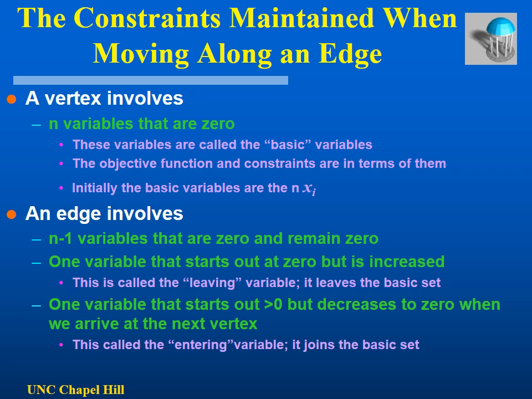This variable will start out greater than 0 and will be decreased until it becomes 0, thus meeting the constraint extreme. And at that point, the n minus 1 variables that remain 0 and this new one are all 0, and thus this new variable is called the entering variable. It joins the basic set. That is to say, the set of n variables that are 0 at the new vertex.